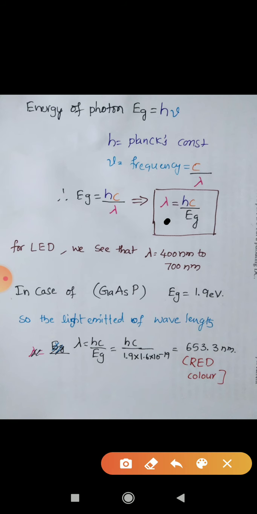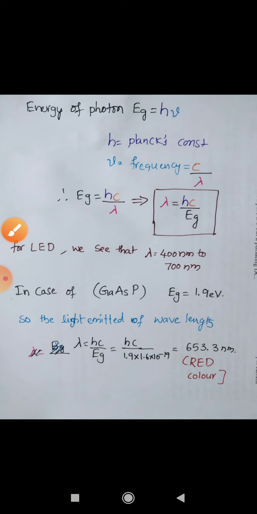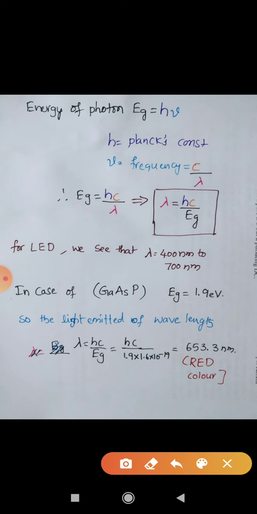So to get the released light wavelength in visible spectrum, we need to take care of this energy gap of semiconductor PN junction. For example, the commonly used light emitting diode, which we generally use in electronic circuits as indicator, consists of gallium arsenic phosphorus as semiconductor materials, and their PN junction energy gap is given as 1.9 electron volt.